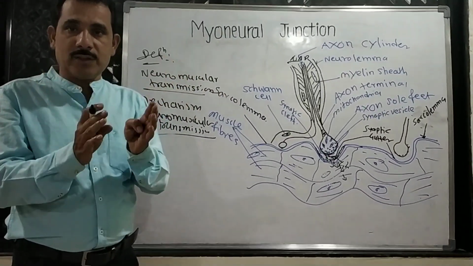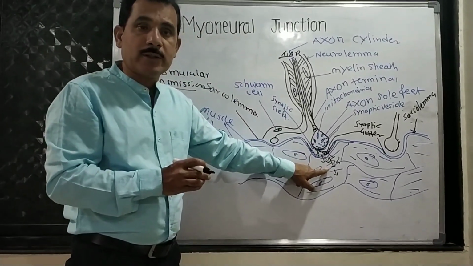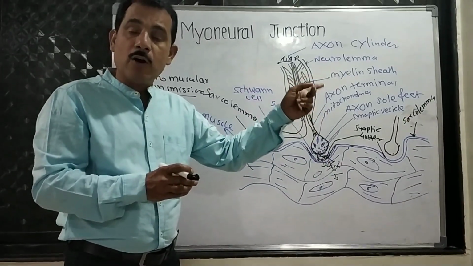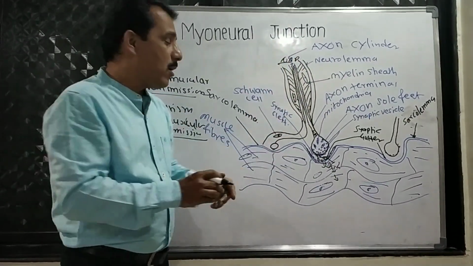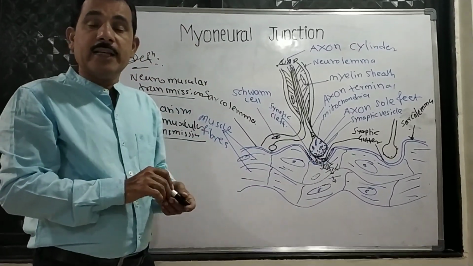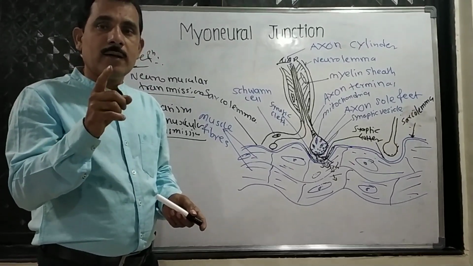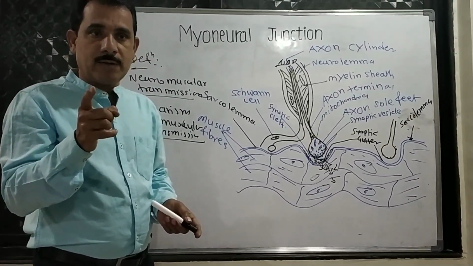As soon as the impulses pass beyond the sarcolemma, what happens? Inhibition of the prejunctional membrane takes place. This inhibition prevents further release of the neurotransmitter substances.